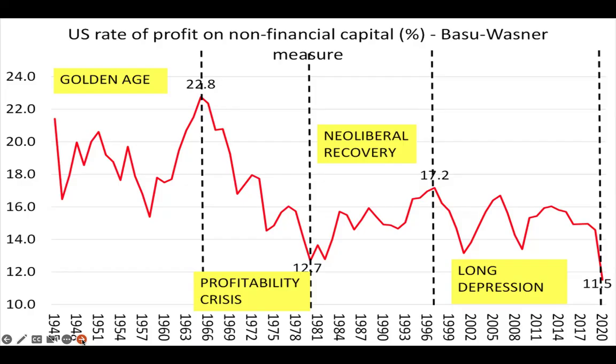The problem with that, though, is that finance doesn't create any new surplus value, right? The sort of Marxist argument against finance is that finance basically just redistributes already existing surplus value. It concentrates it in the financial sector, but it does so by basically sucking it out of the rest of the economy, which is obviously not good.